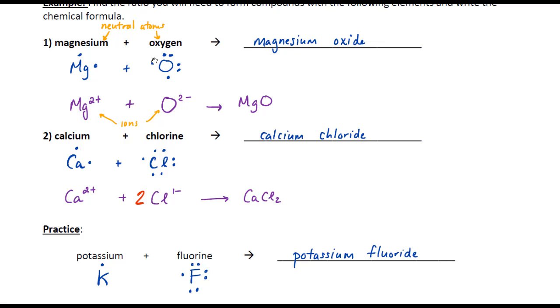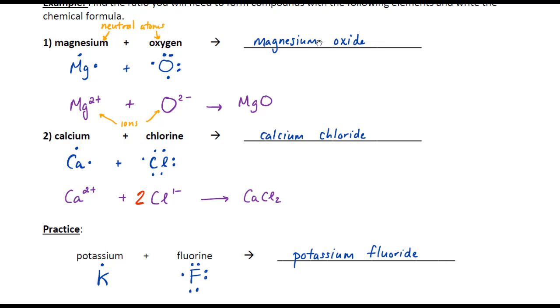And if I fill up these 2 spots for electrons here on the oxygen, then I'm going to have a 2 minus or 2 negative charge because I'm going to add extra electrons here. These are now the ion forms. So this guy's name is now magnesium, and this guy's name is now oxide because it's no longer the neutral oxygen atom.